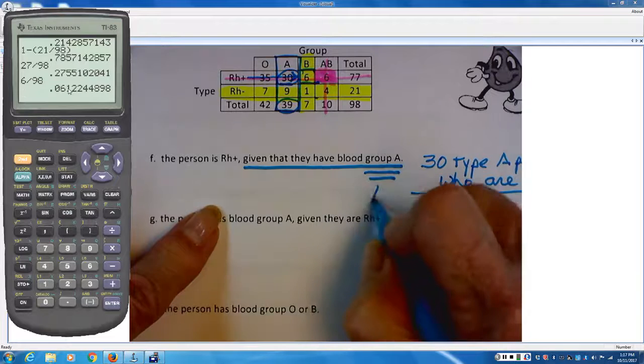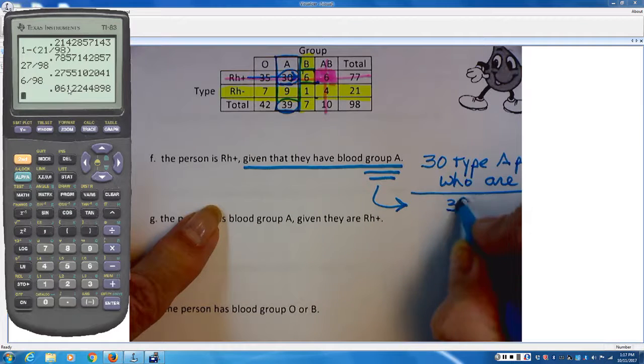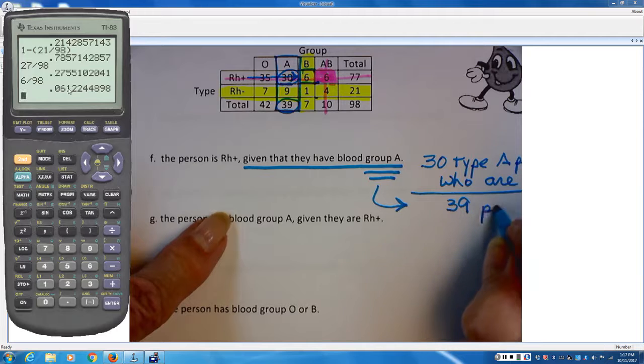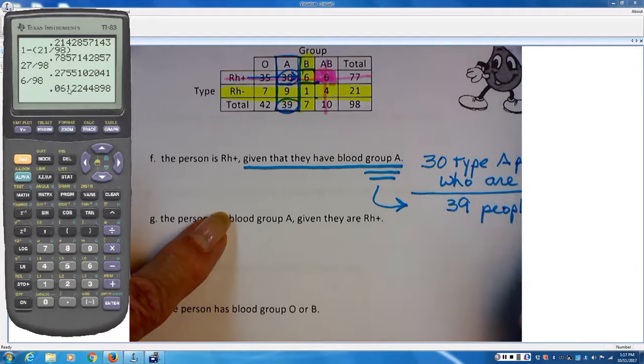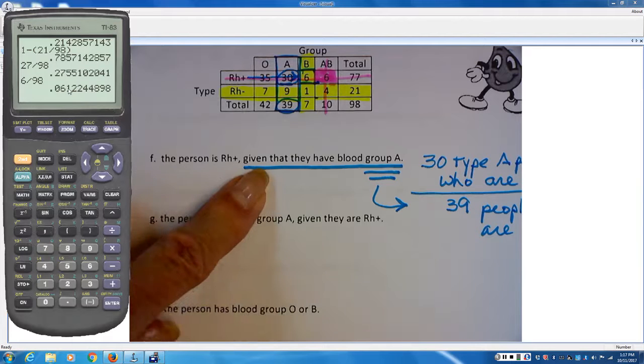So this given tells you what the denominator of your fraction is going to be. Okay?